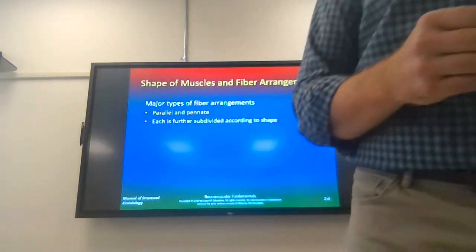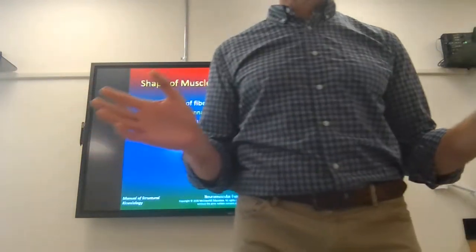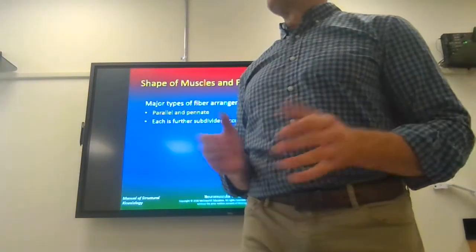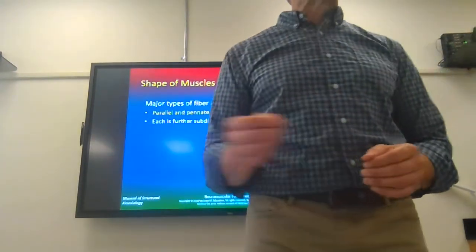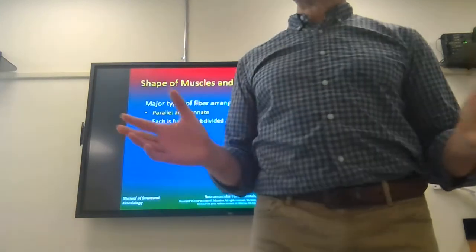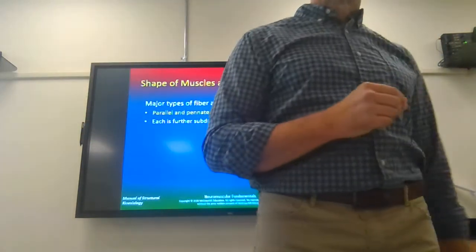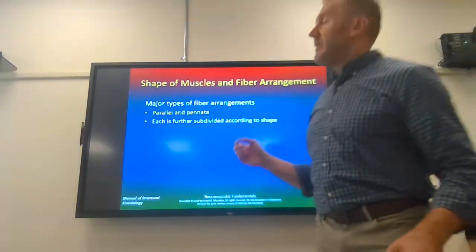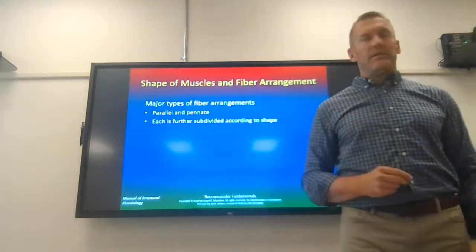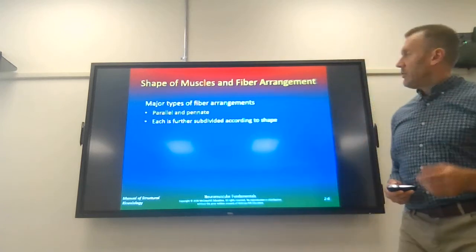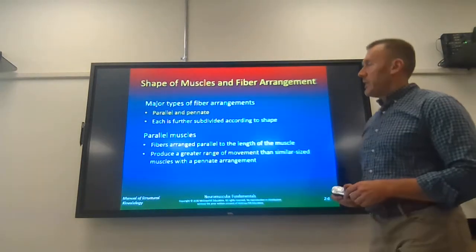The further you get in your education, I hope you're understanding that almost everything is relative. We have very few examples in the body where something is absolute and always that way. So we classify things based on what they are mostly. Same thing with muscles.